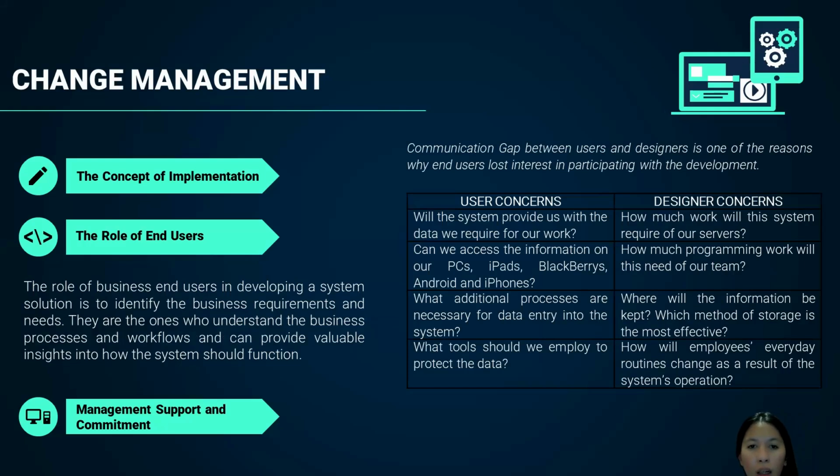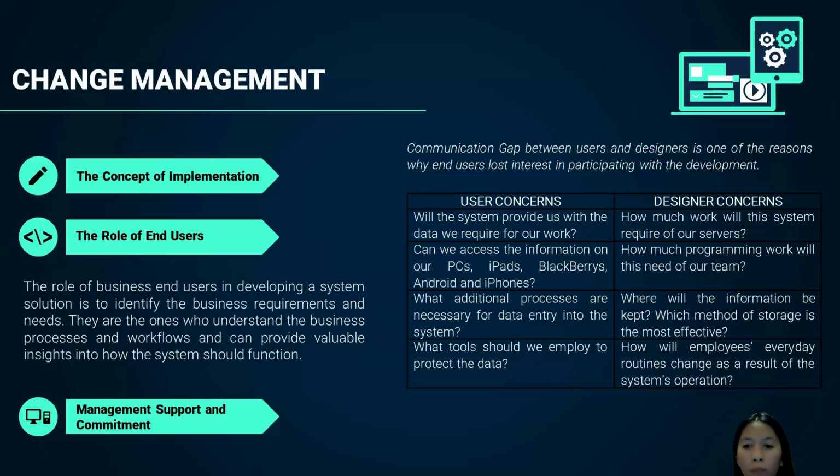As I've said earlier, there is a communication gap between the users and the designers or the developers. This is one of the reasons why end users lose interest in participating in the development. As we can see on the left side, the user concerns are more on the organizational side, while the designers or developers' concerns are more on the technical side.